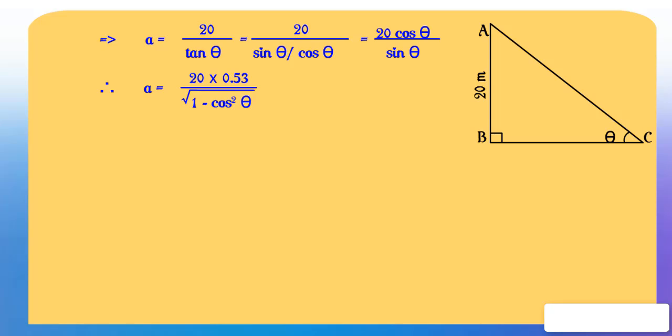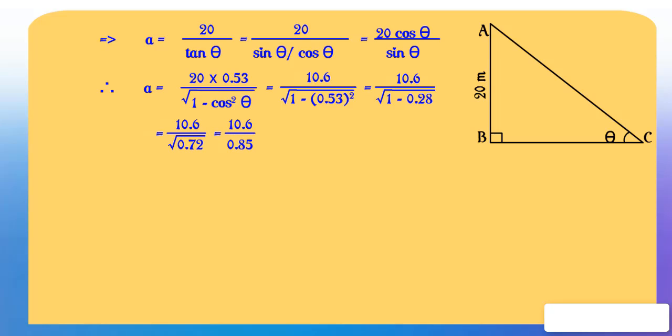Therefore, A is equal to 20 into 0.53 divided by, for sin theta we can write under root 1 minus cos square theta, is equal to 10.6 divided by under root 1 minus 0.53 whole square is equal to 10.6 divided by root of 1 minus 0.28 is equal to 10.6 divided by root of 0.72 is equal to 10.6 divided by 0.85 is equal to 12.47 approximately.